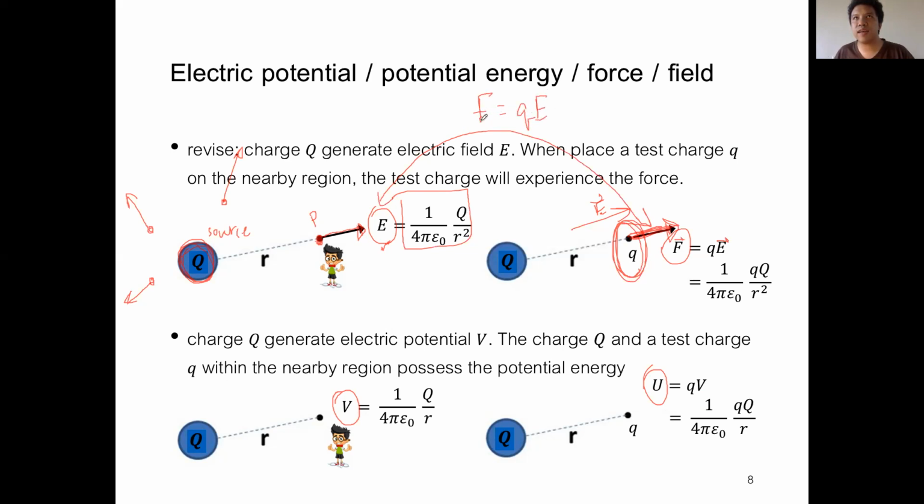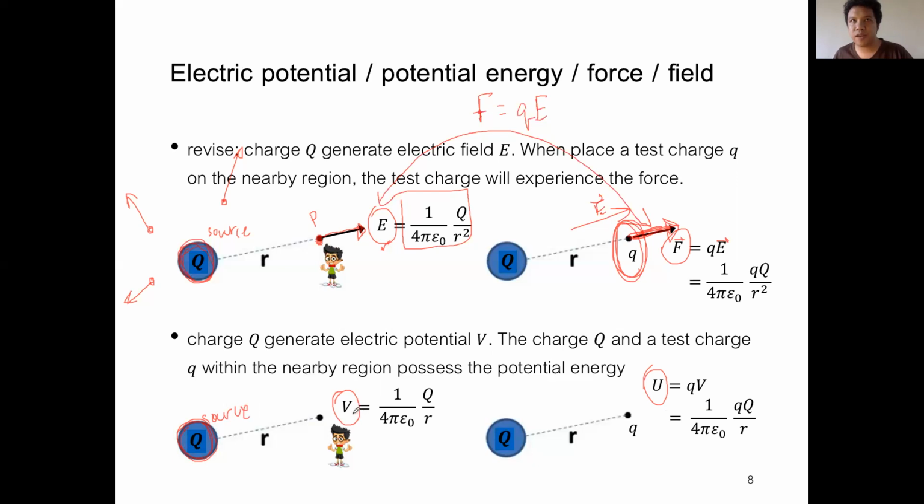Or sometimes I can say that the electric field is the electric force per unit charge. Then for potential and potential energy, we consider the charge big Q as the source of the electric potential, the same as the source of the electric field.